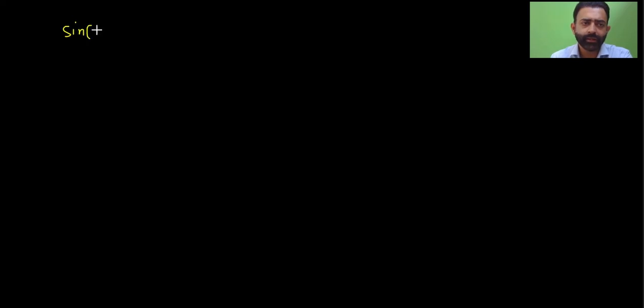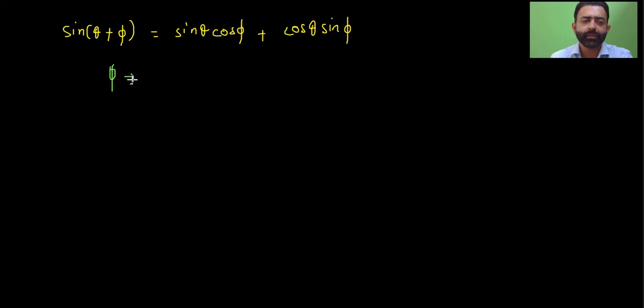Fine. One more formula we can derive. We have sin theta plus phi as sin theta cos phi plus cos theta sin phi. Now in this formula you replace theta with 90 minus theta, and let us see what change it will bring to the formula.